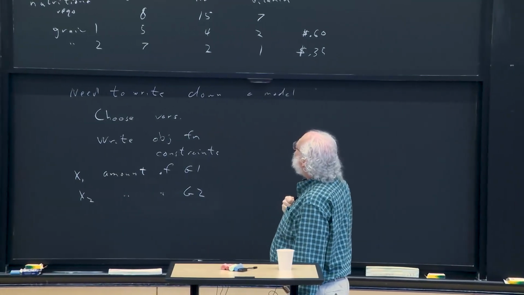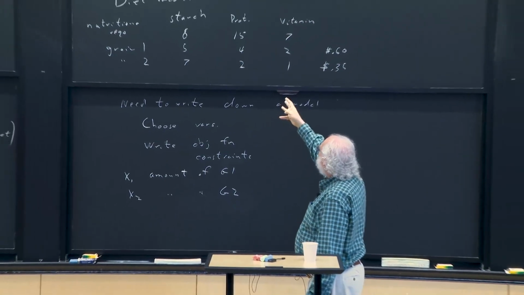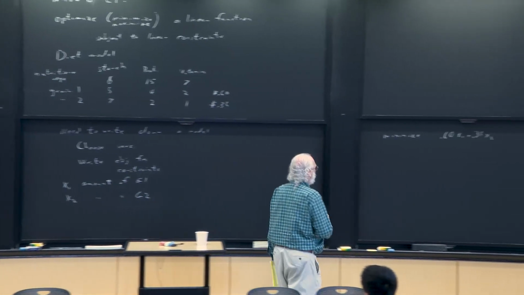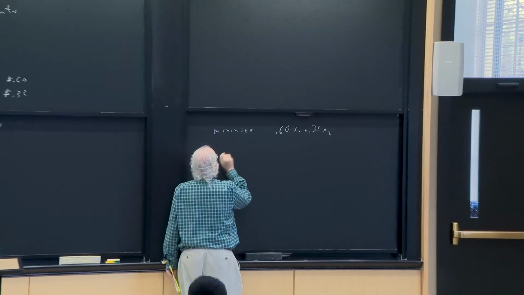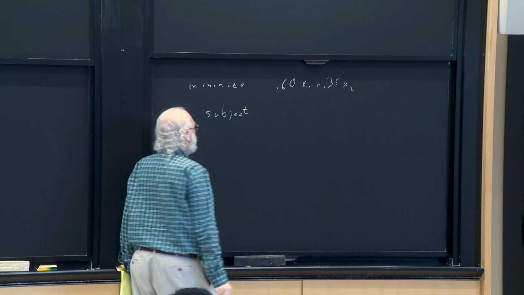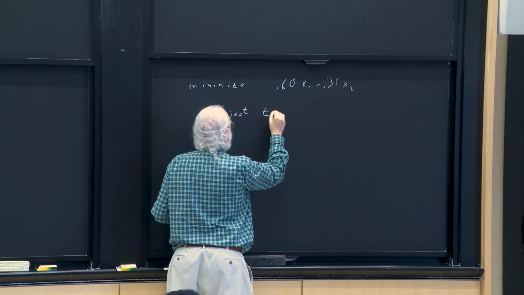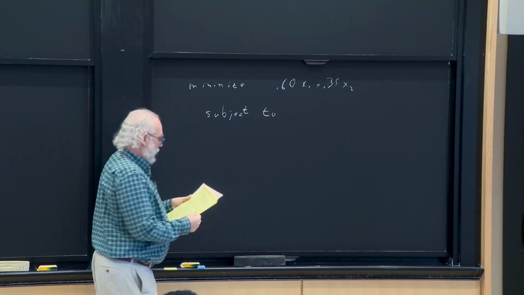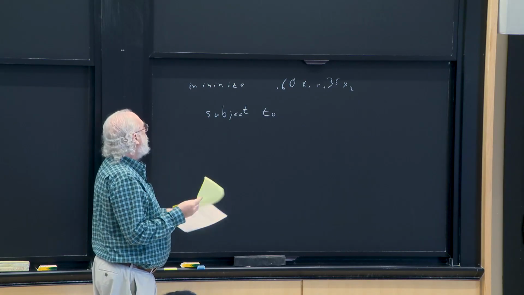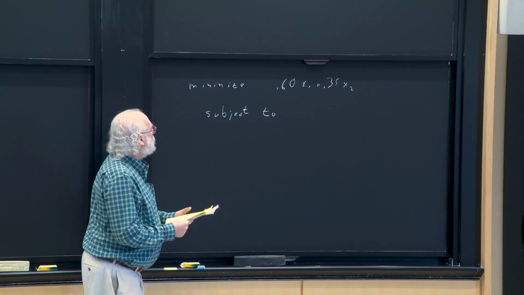And what are the constraints? Well, the constraints are that they get enough starch, enough protein, and enough vitamins. What we do when we write down linear programs is we say subject to, before we write down all the constraints.